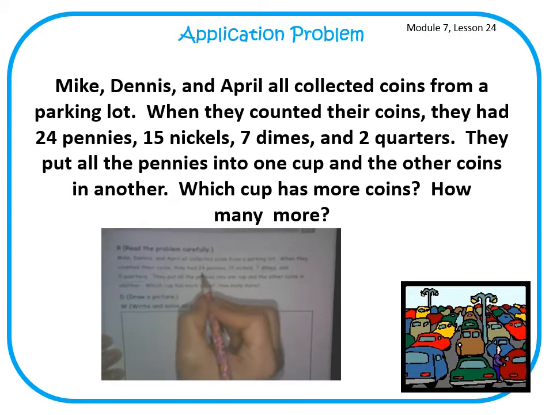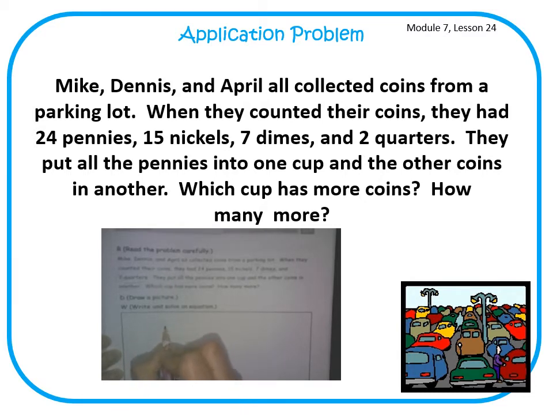Okay, so let's pretend that this is one cup and this is the other cup, because it says they put all the pennies into one cup and the other coins in another. So what is going to go in here? The 24 pennies, right?